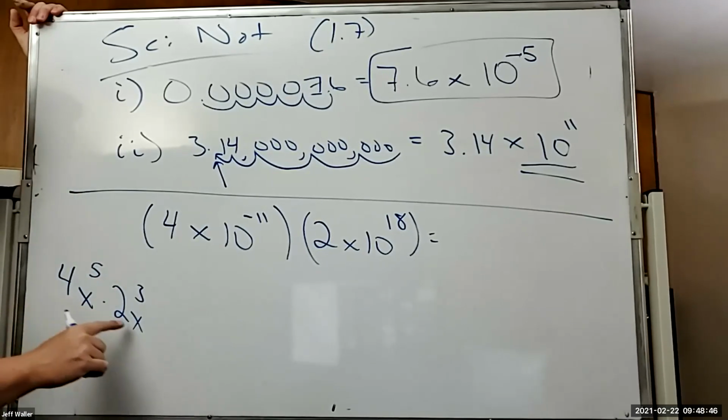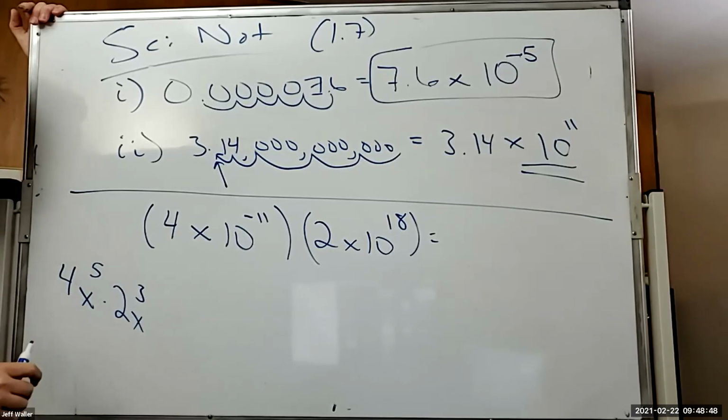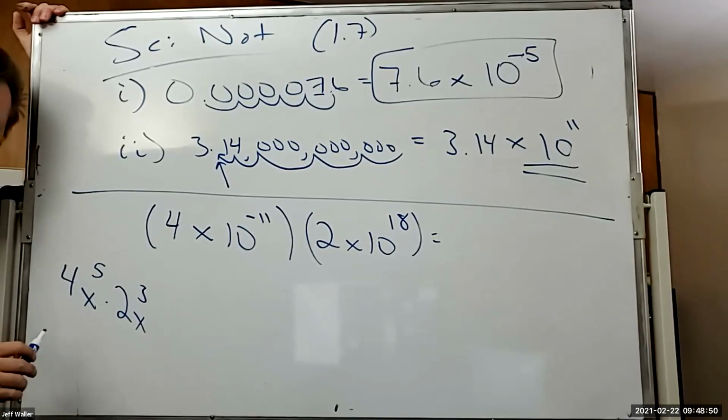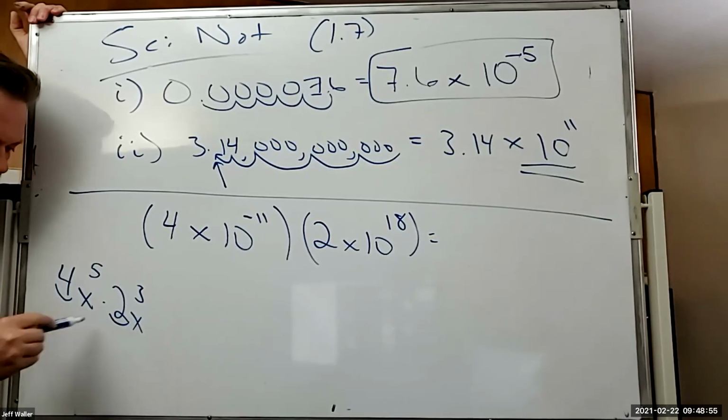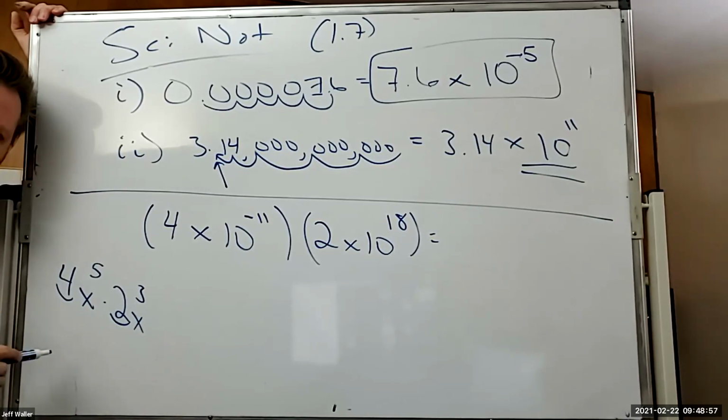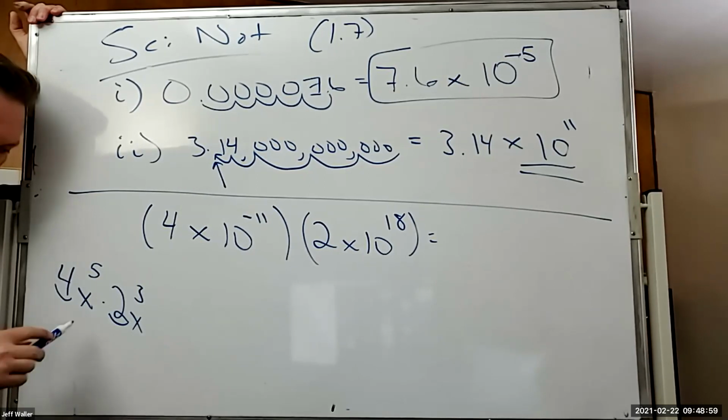Four x to the fifth times 2x to the third. What do I get for the number? Times each other, 8.